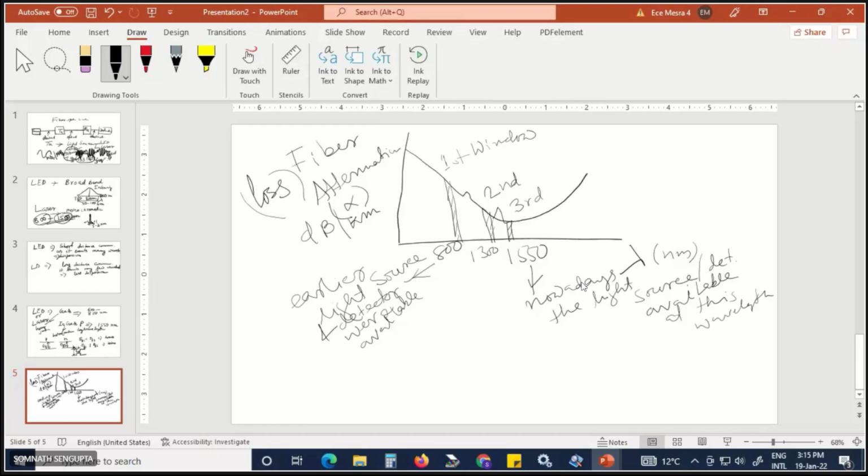Now what is the meaning of it is that if you choose this wavelength, 800 nanometer, here loss is comparatively high.